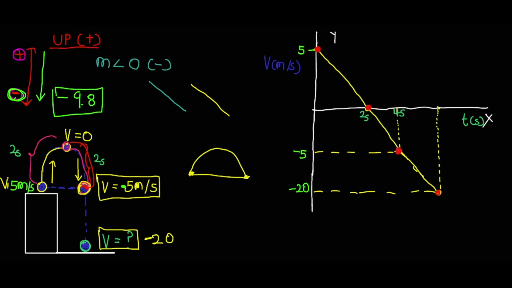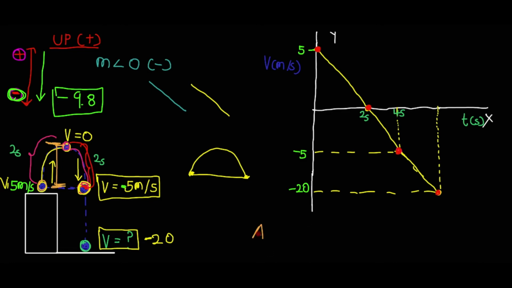And then another thing that is very important is that you are able to find the displacement. This object went up and reached this height, so we can find this height using this graph.